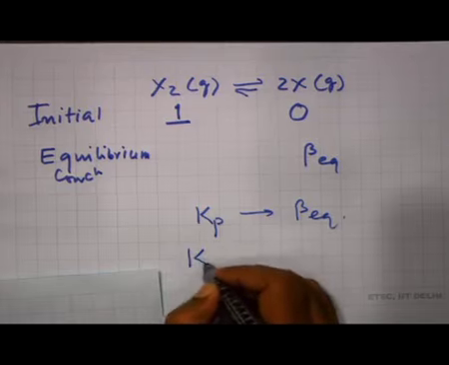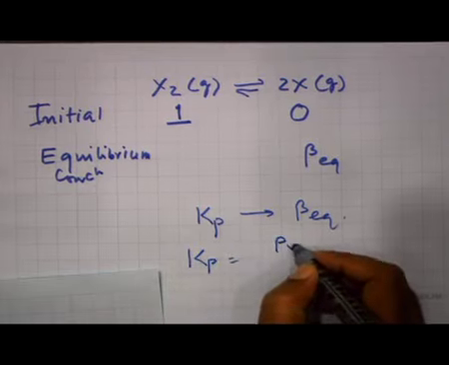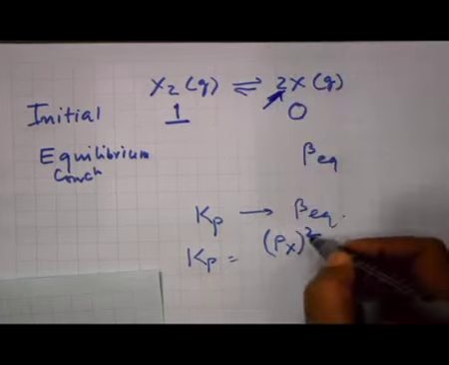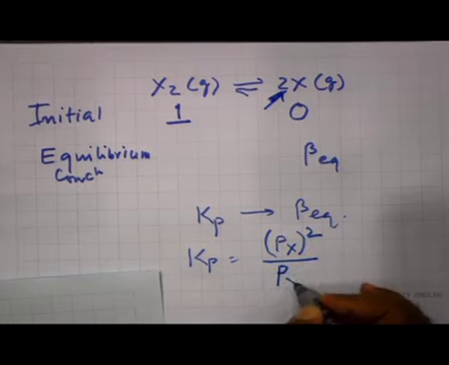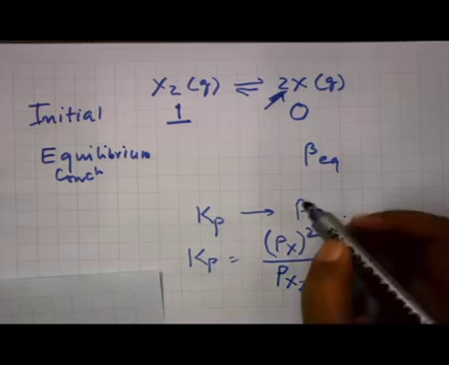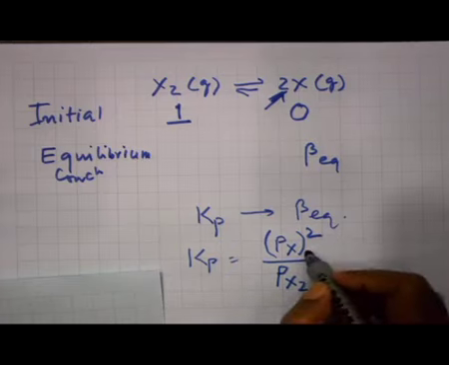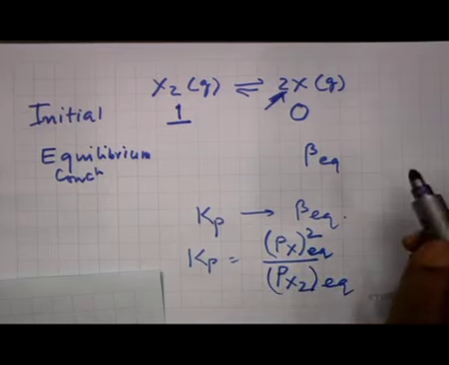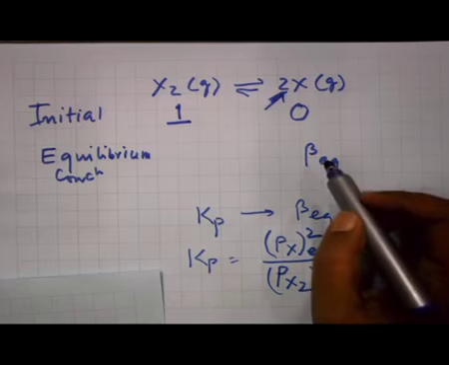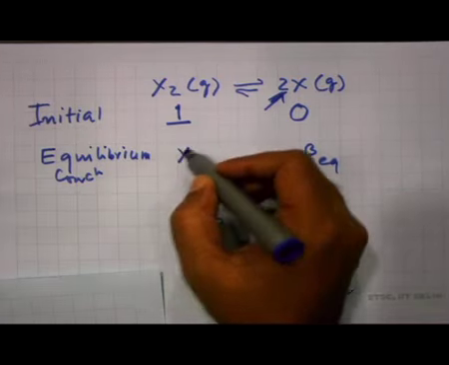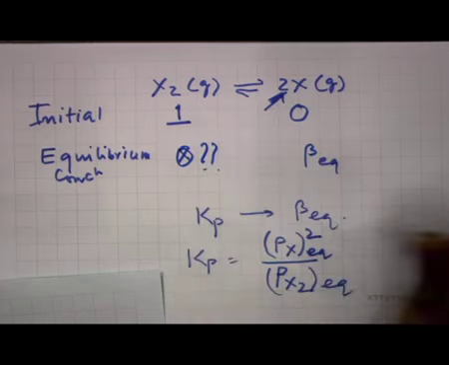So, we know that Kp is equal to pressure of X squared, you see 2 here, so this is a square, divided by pressure of X2. What we need to calculate, and you must remember, this is equilibrium pressure, is the equilibrium pressure. So, the first thing is we need to calculate the number of moles of X2.